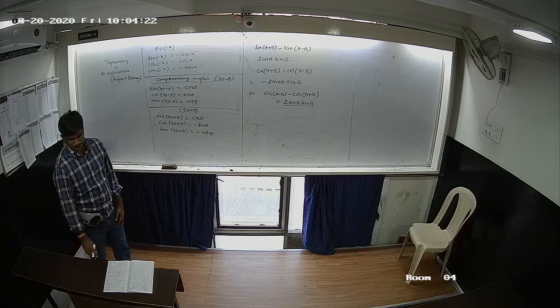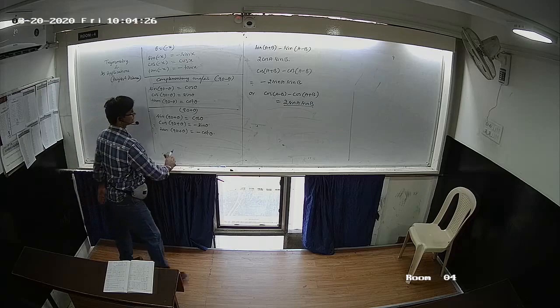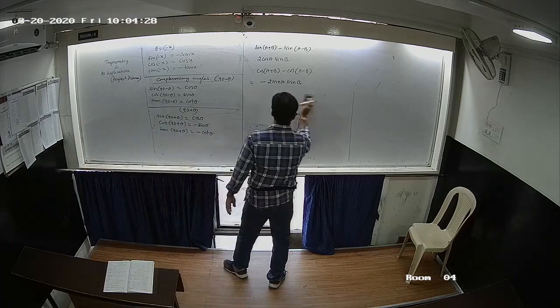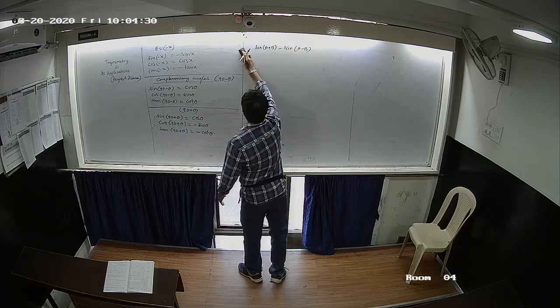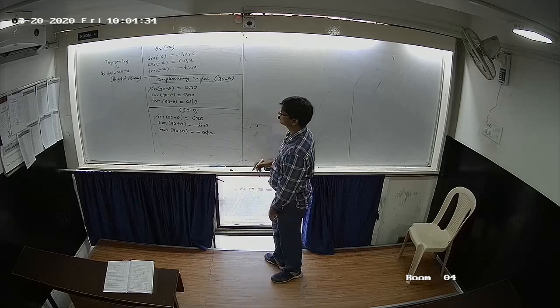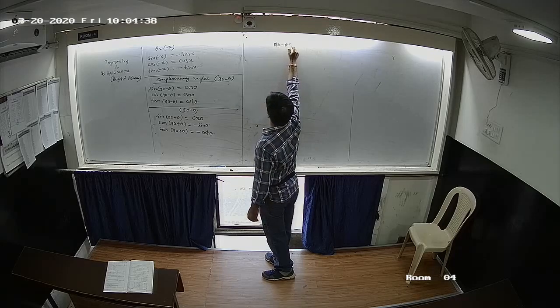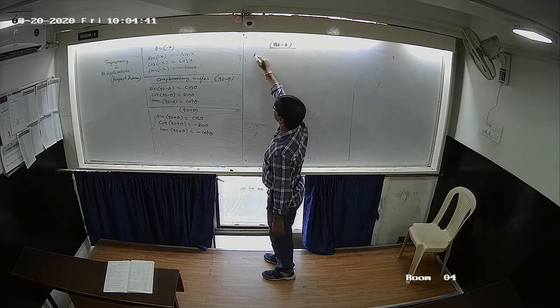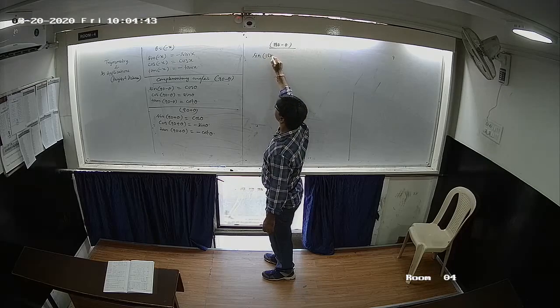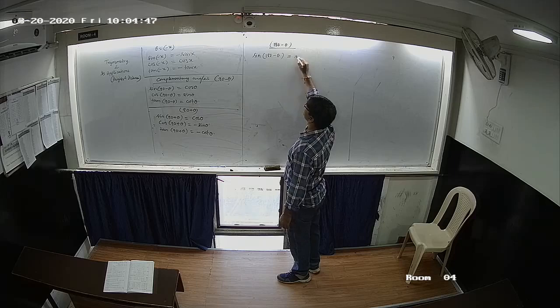Then coming to 180 minus theta. Let's have the trigonometric values for the angle 180 minus theta. Sine of 180 minus theta will be equal to sin theta.